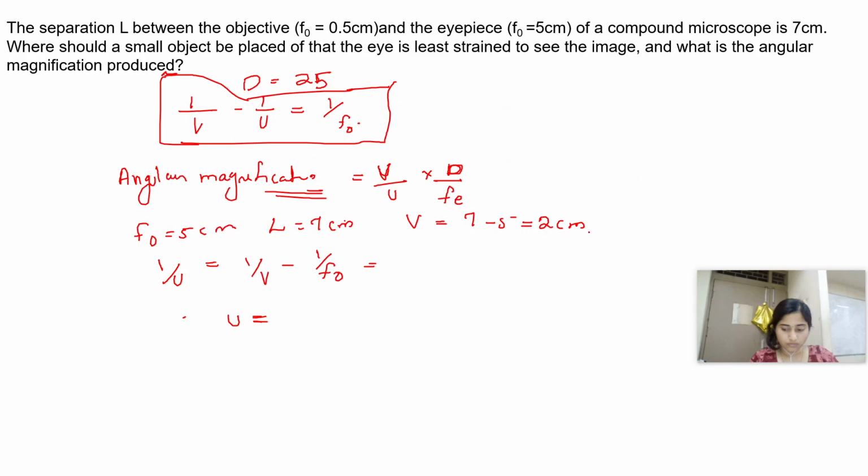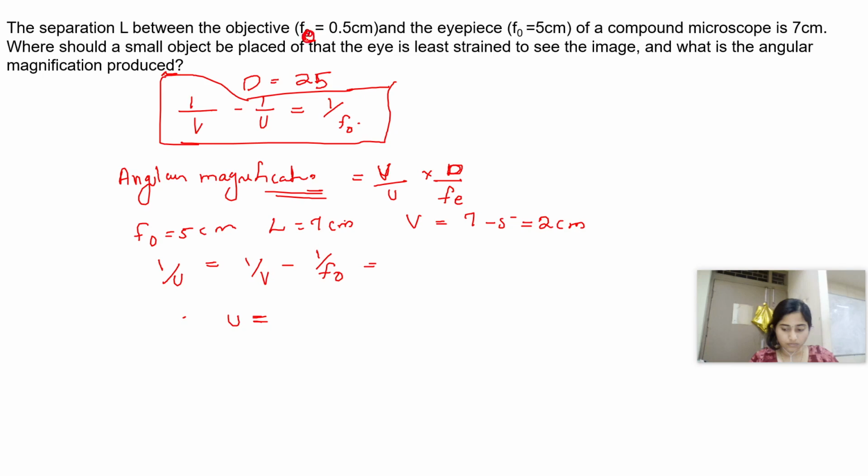Got it? In the question you have given f naught as 0.5 centimeter. This is FE. So the objective should be f naught, right? Your representation is wrong.